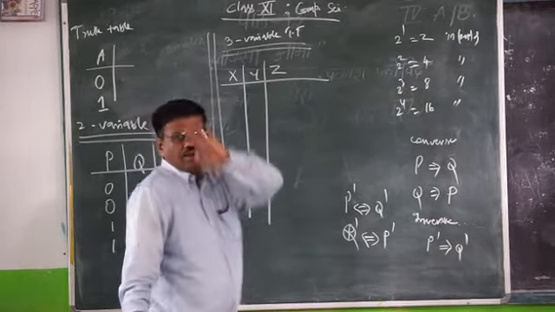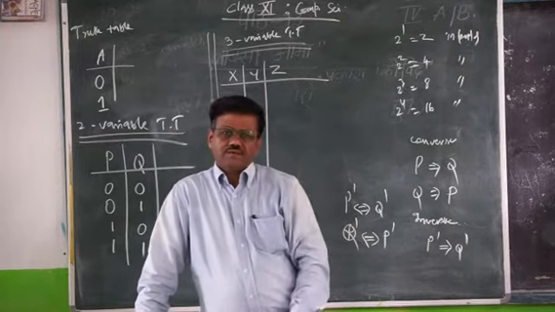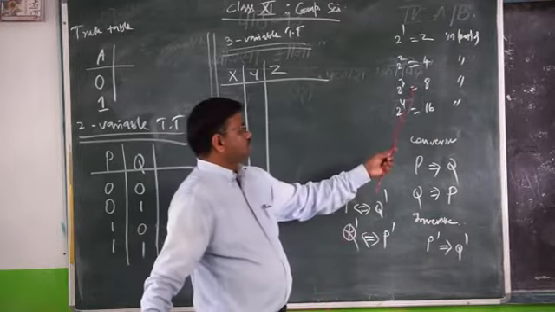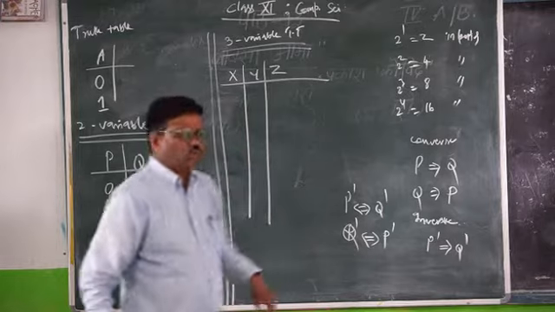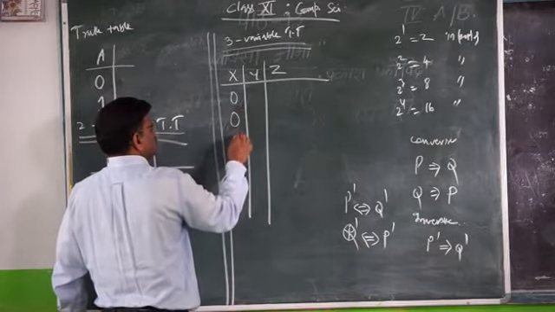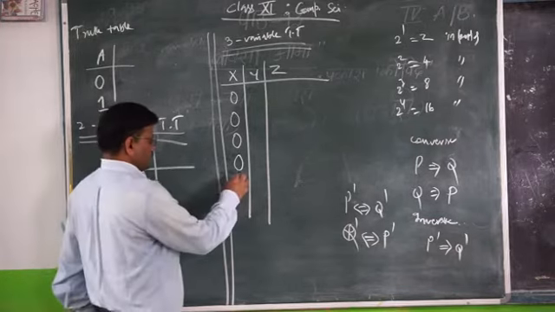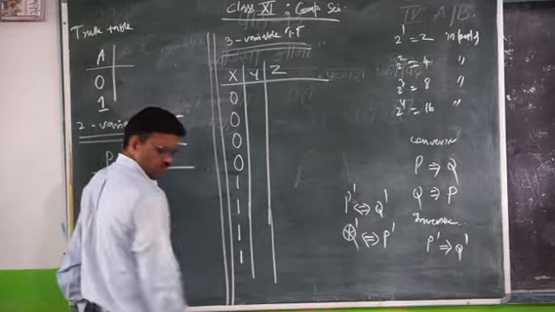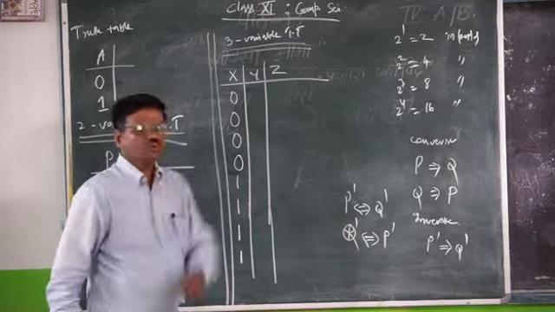How many variables are there? 3: X, Y and Z. 2 to the power of 3 is how much? 8. Half of 8 is how much? 4. So you must begin with 4 zeros in the left extreme variable: 1, 2, 3, 4, and 4 ones: 1, 2, 3, 4. Half of 4 is how much? 2.